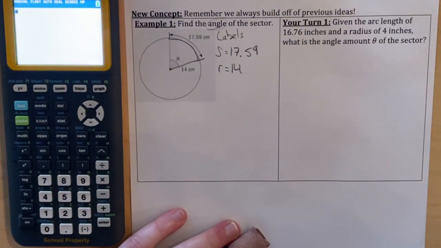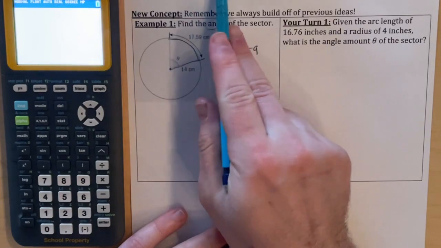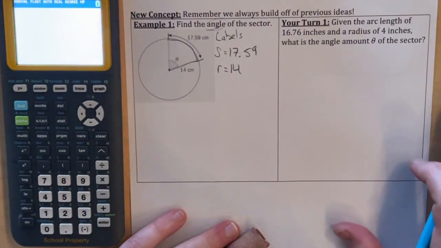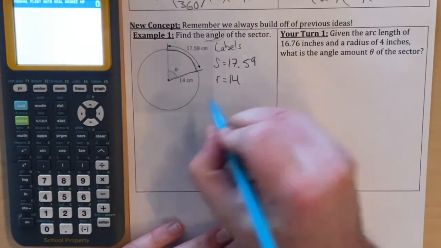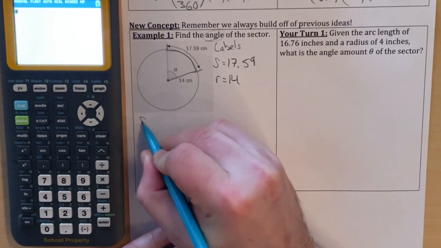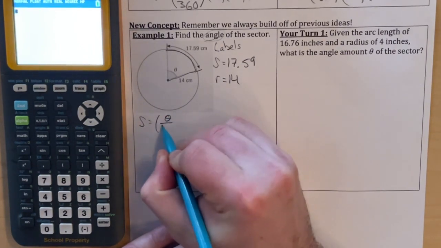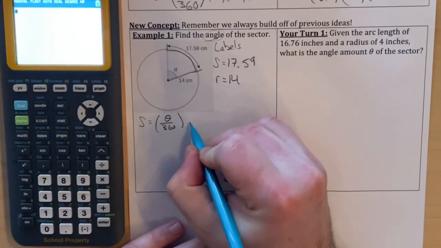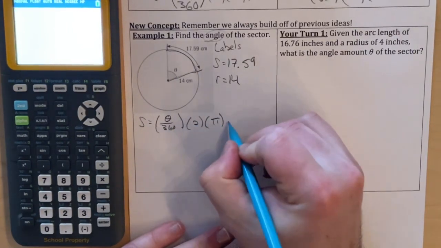So now we have to say, all right, what can we use? Well, let's try using that arc length formula at the very top. So we're going to say S is going to be equal to our angle theta over 360, and then times 2 times pi times the radius.